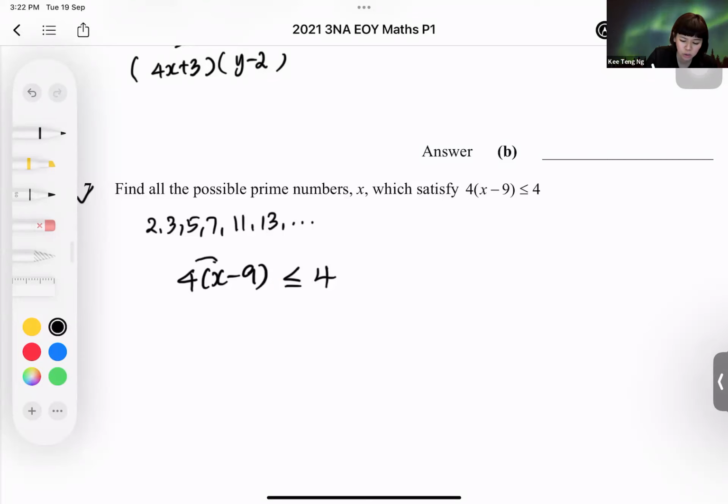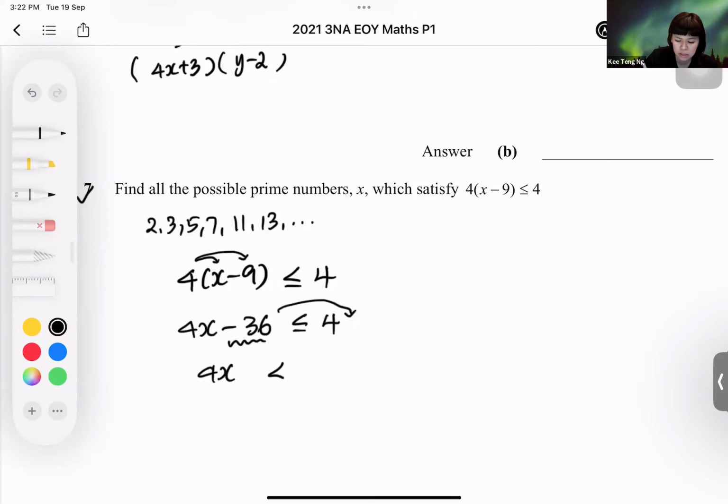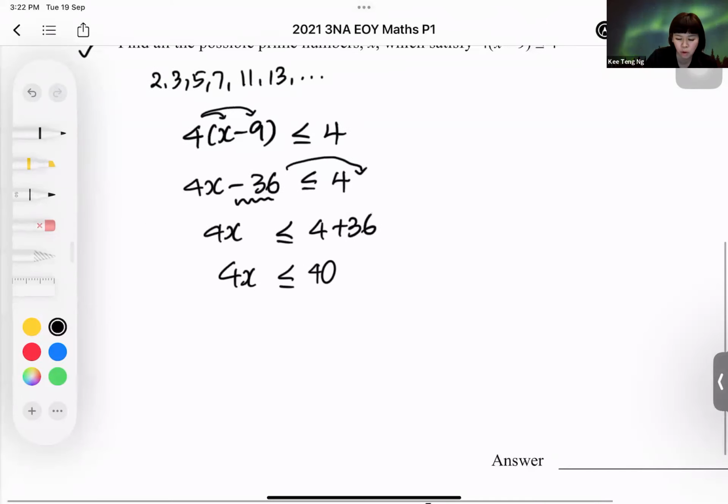So we'll treat this like a normal equation. So we expand out 4x minus 36 less than or equal to 4. Now I want to get rid of negative 36, shift this over. So 4x is less than or equal to 4 plus 36, which is 40. Then divide by 4, x will be less than or equals to 10.